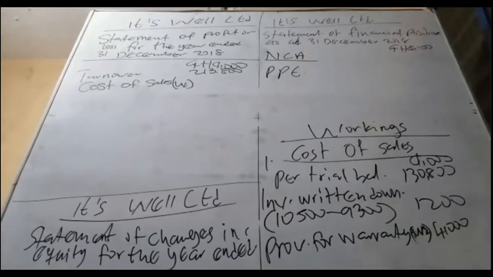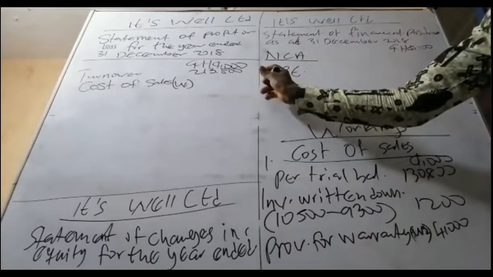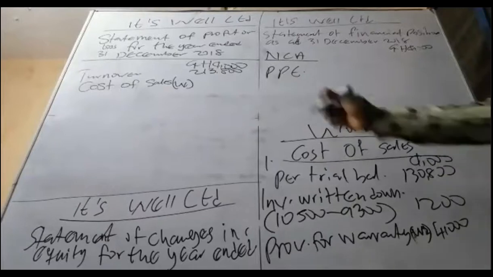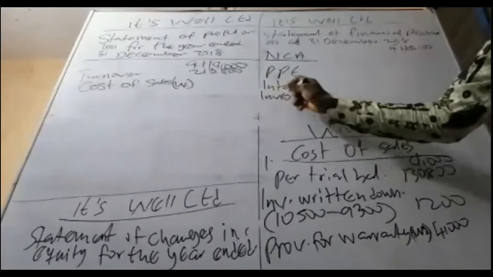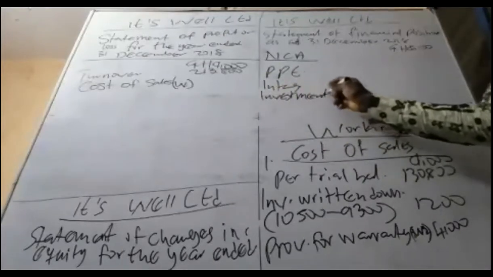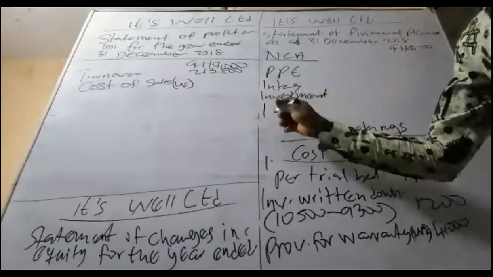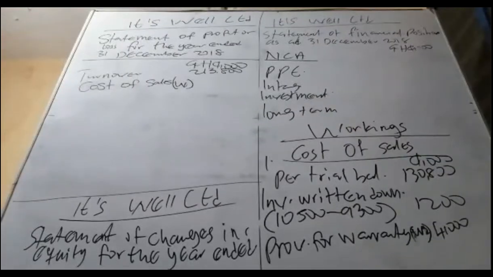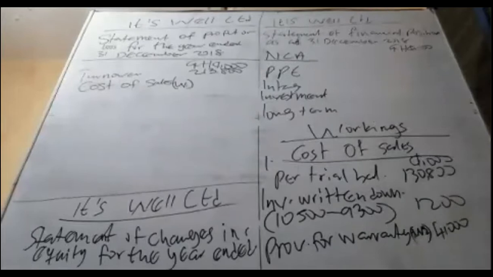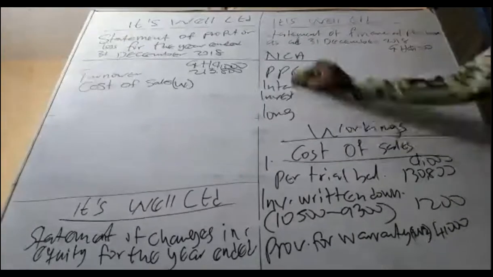After PPE, either there will be investment property or intangible, then long-term investment. So these are the 4 items. I said I leave 5 lines for non-current assets for emergency purposes. You leave 5 lines empty, because you don't know what will be there. So leave 5 lines.